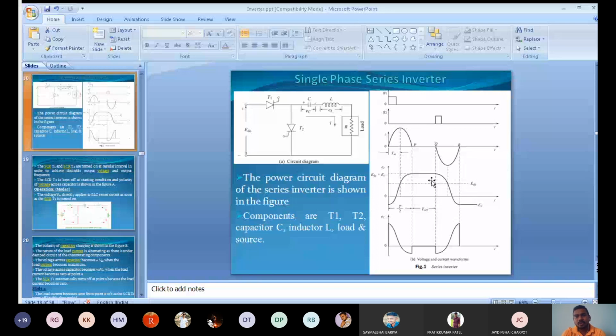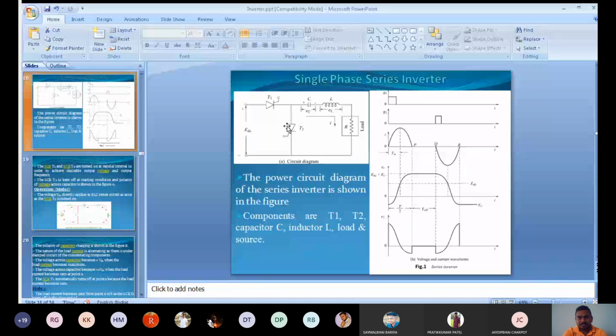Now at this Q point, we trigger SCR T2, so SCR T2 becomes on.